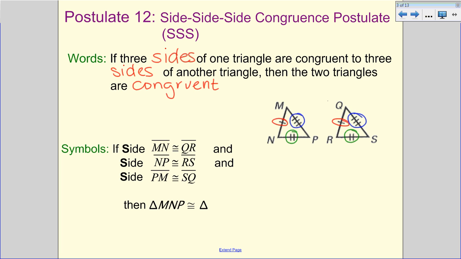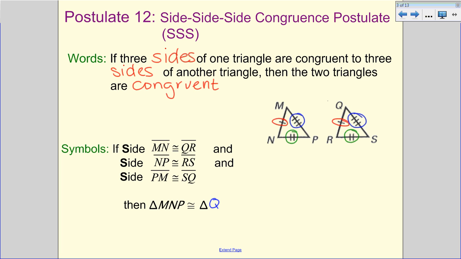We've got to go back to what we did in lesson 5.1 about naming congruent triangles with corresponding parts. If we look at M, it's the angle that's formed by my red and my blue, my 1 mark and my 3 mark. So I need to go over to my second triangle and look for which angle was formed by red and blue. Well, that's angle Q. So if M is listed first in the first triangle, Q has to be listed first in the second triangle.